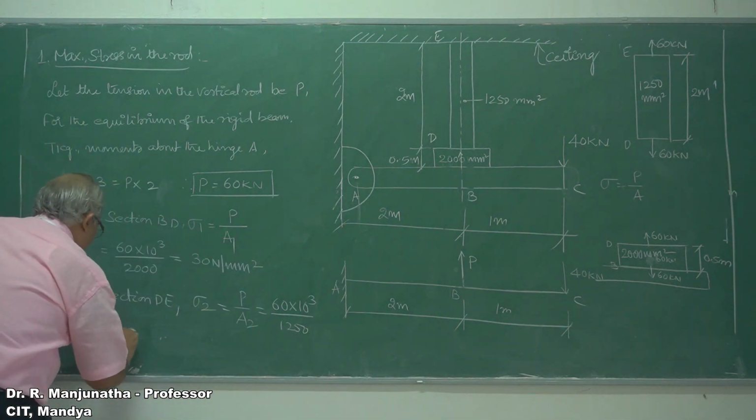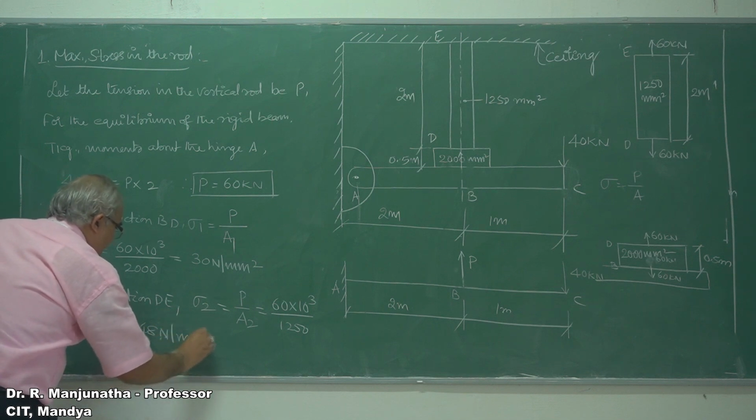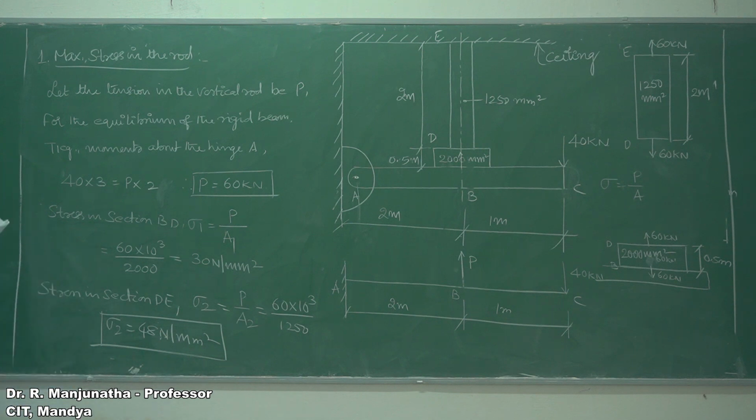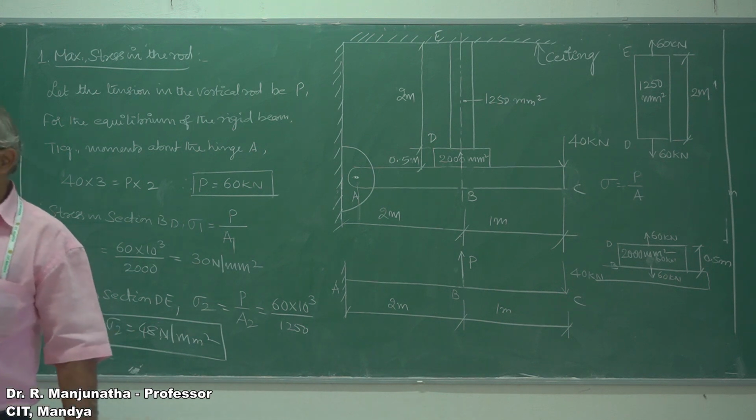Therefore, sigma 2 will be equal to 48 Newton per mm square. So the maximum stress is sigma 2. Therefore, the maximum stress in the member will be sigma 2, which is 48 Newton per mm square.